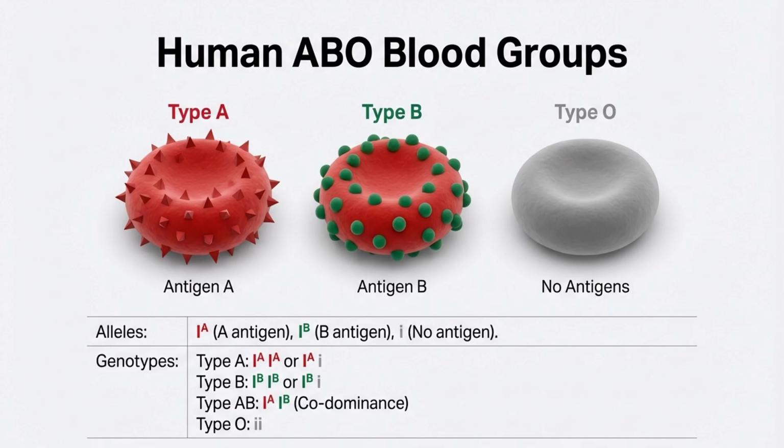So while IA and IB are both dominant over the small i allele, they are codominant with each other. So this results in the AB blood type, where both antigens are expressed simultaneously on the red blood cell surface.